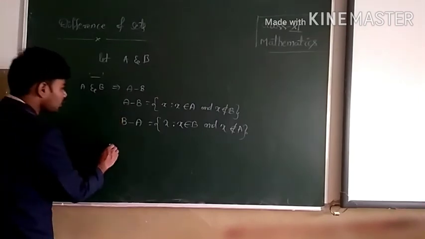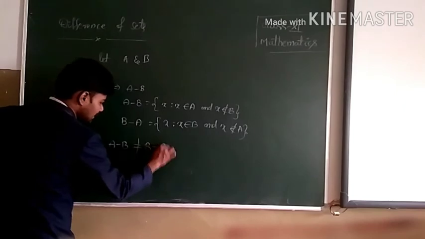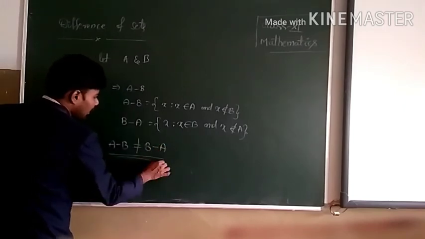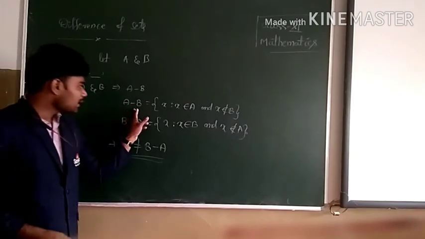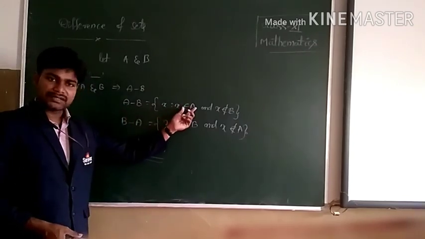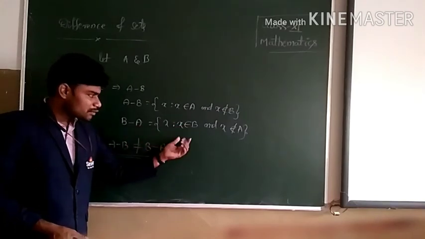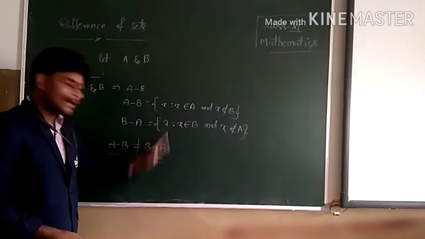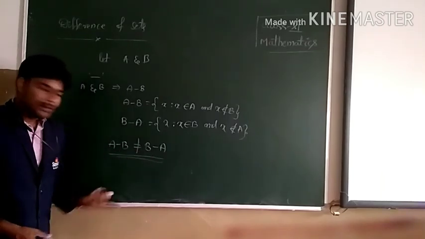So here we can conclude that A minus B is not equal to B minus A. We can easily observe that A minus B contains only the elements which belong to set A, and B minus A contains the elements which belong to set B. These are quite opposite. So that's why A minus B is not equal to B minus A.